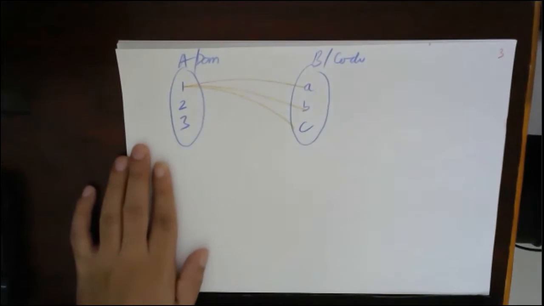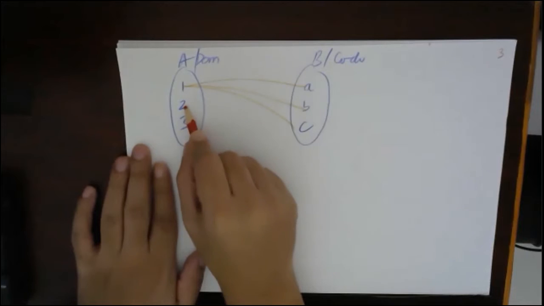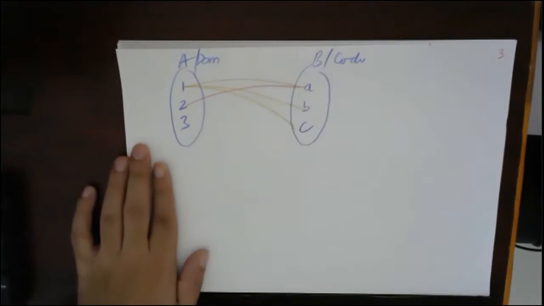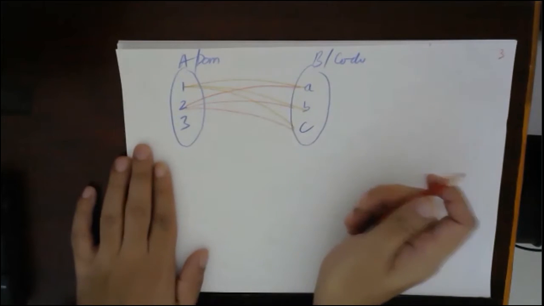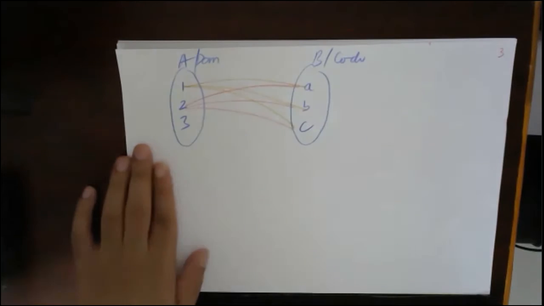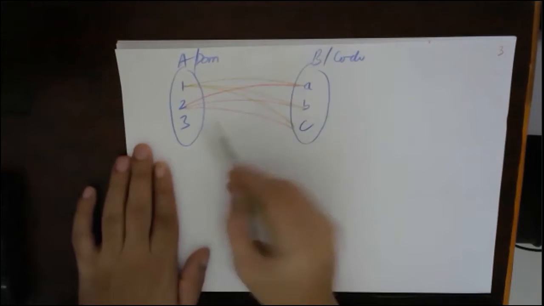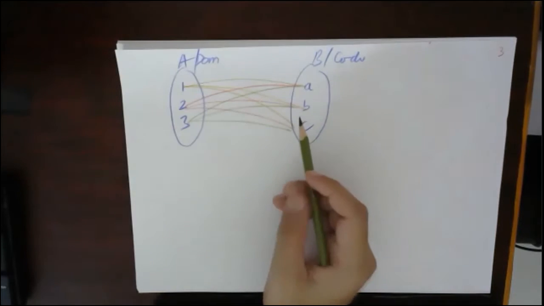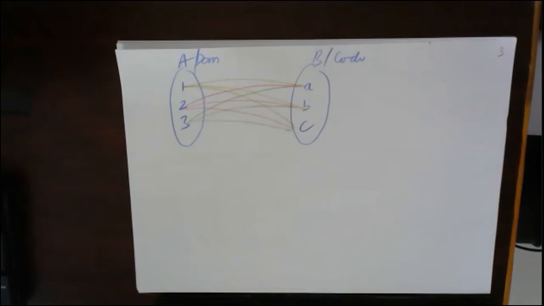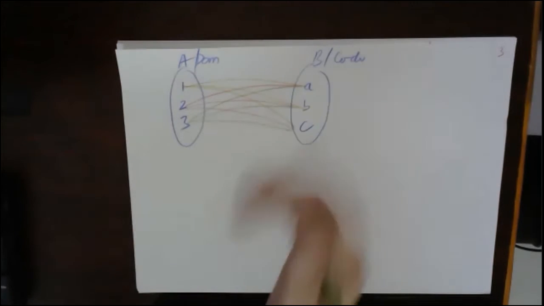Then I will move on to 2, and make links of 2 with A, 2 with B, 2 with C. And the next one, I will move on to 3, and again make all the possible links of 3 with A, B, and C. So the total number of maximum relations or links between A and B can be 9.